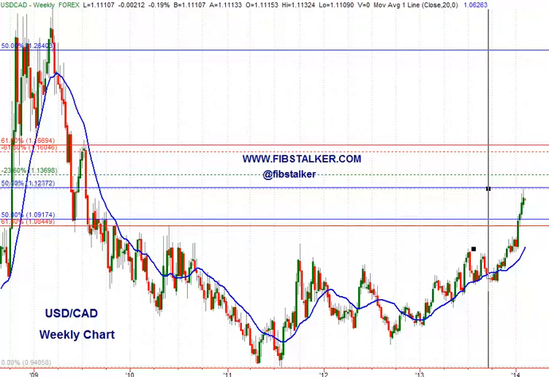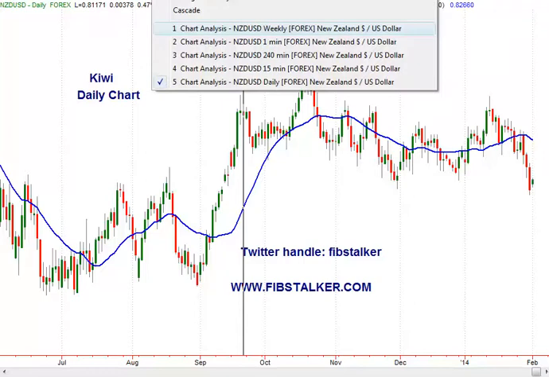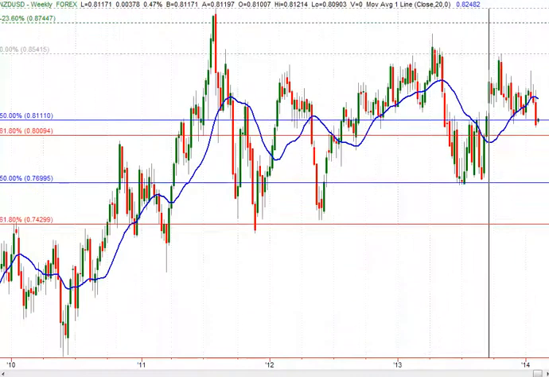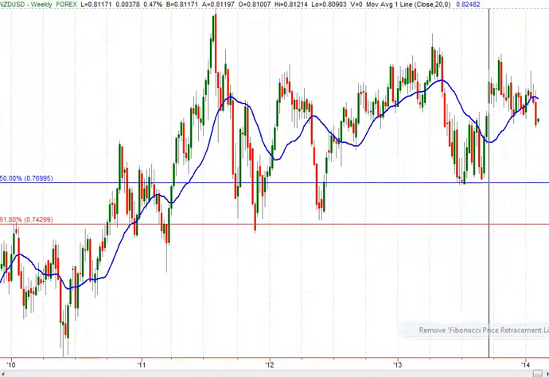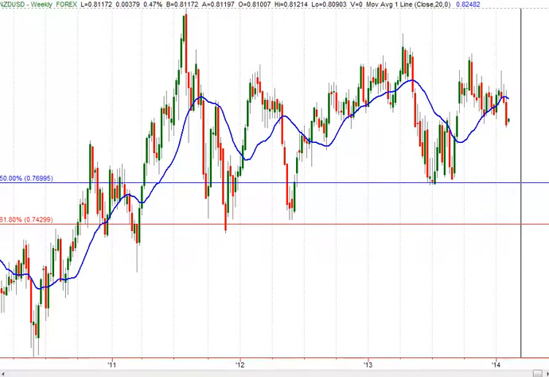And finally, the New Zealand dollar versus the US dollar, the weekly chart. In the weekly chart, we see support here at 0.76, which would have targets at higher prices, and this could just be a huge 3 years consolidation here.